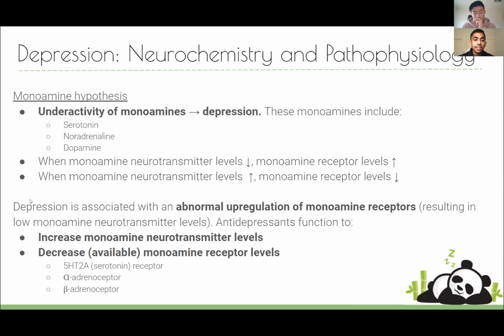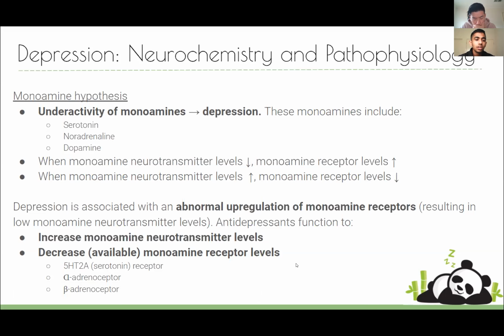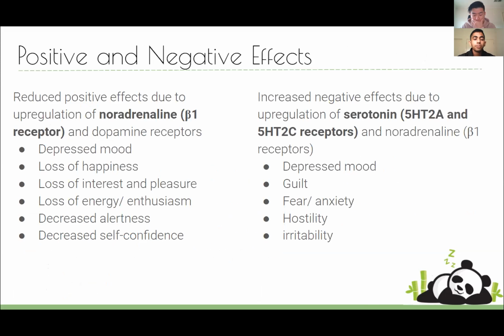So depression is associated with an abnormal upregulation of monoamine receptors, and that's going to result in a low amount of monoamine neurotransmitters to begin with. And so we try to counteract that by increasing the amount of actual neurotransmitter or decreasing the amount of receptors in the body, whether that be through serotonin, noradrenaline, or even dopamine at times, but we don't use dopamine as much.